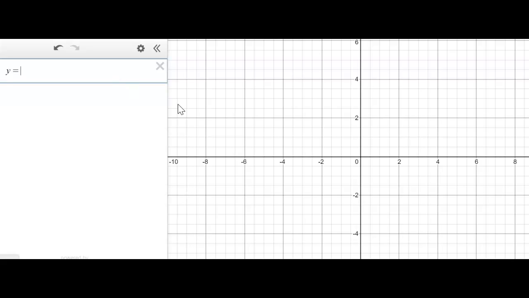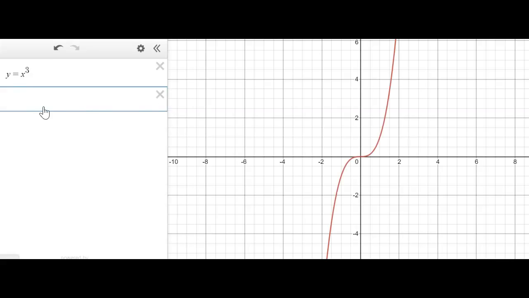Let's just do your basic cubic for now. And if it's been reflected in the x-axis, basically we have the negative at the front.